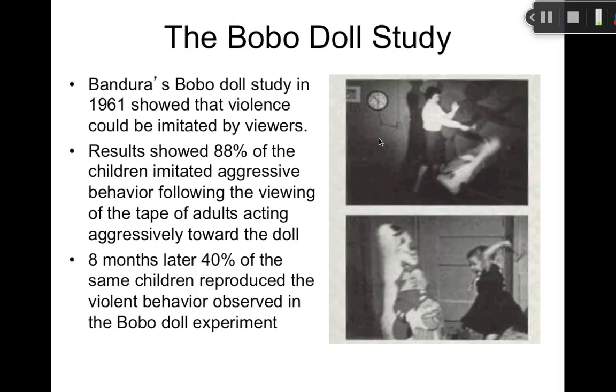Importantly, when these kids were evaluated 8 months later, 40% of the same kids reproduced the violent behavior observed in the initial Bobo doll experiment. What this suggests is that a single exposure to an aggressive model had an influence on their action.